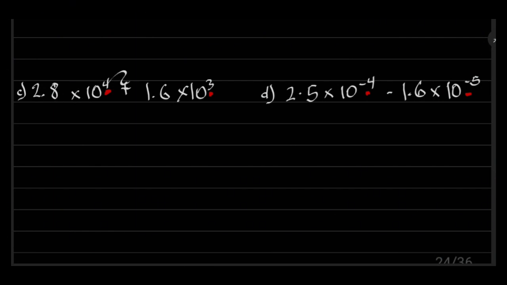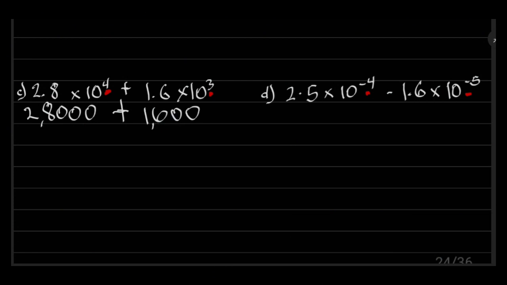So 2.8 times 10 raised to the power 4 is going to give us 28,000. 4 decimal places, 1, 2, 3, 4. So that is 28,000 plus 1.6 times 10 raised to the power 4, which is going to give us 1,600.